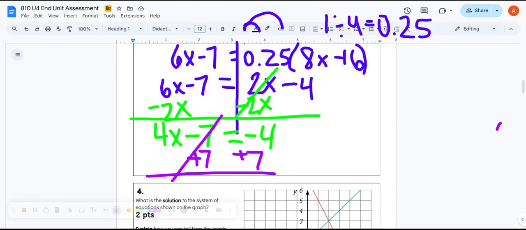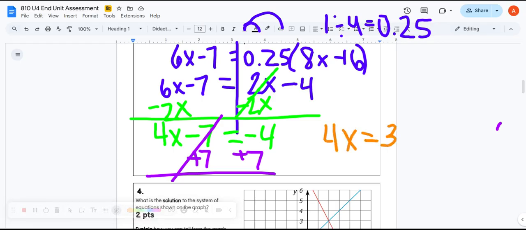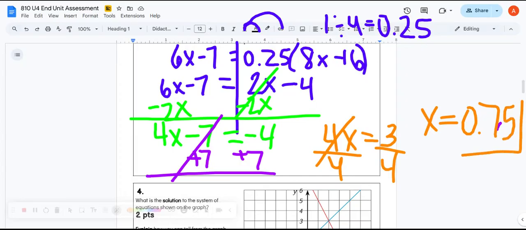So now I have here 4x equaling 3. Final step, divide by the 4. And we see here x equals 0.75. Awesome. Perfect. Let's move on to number 4.